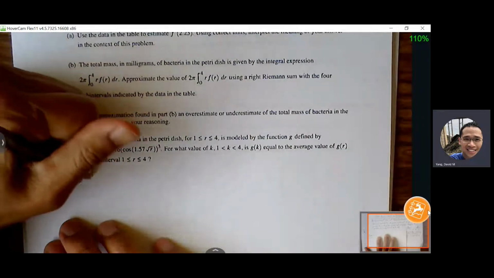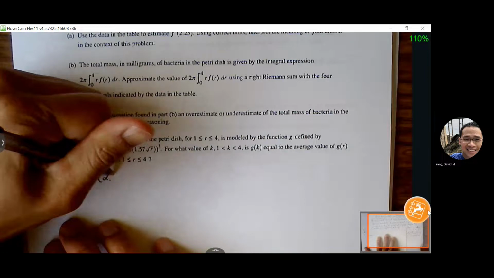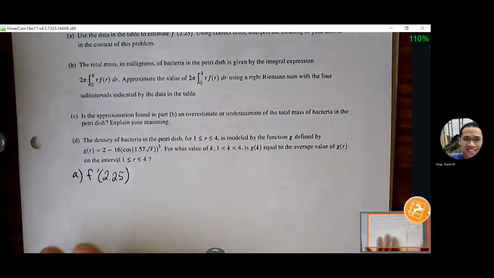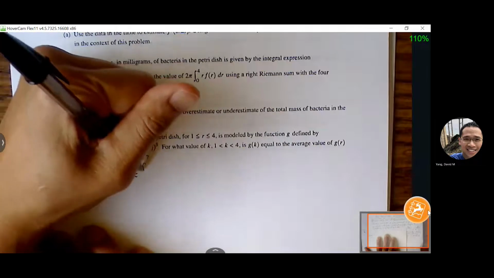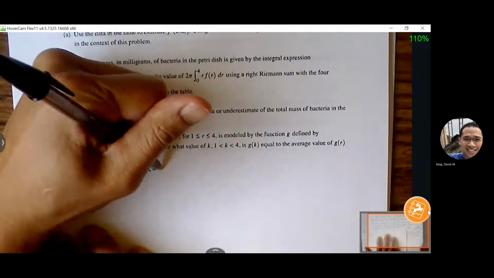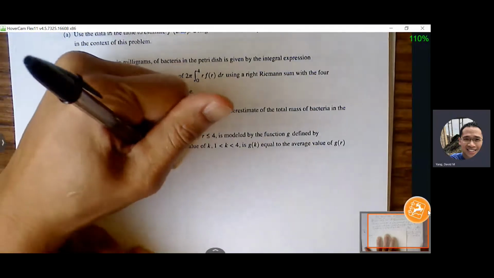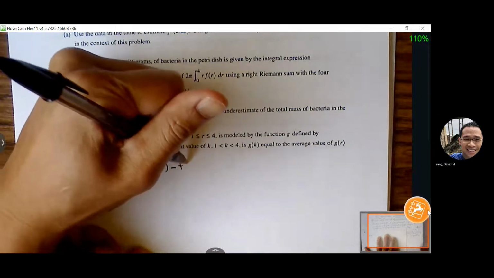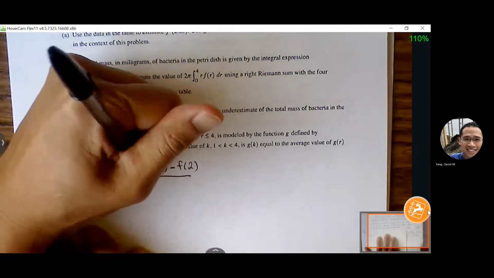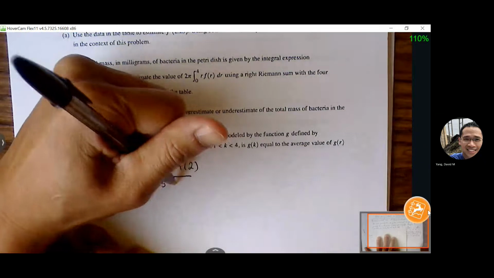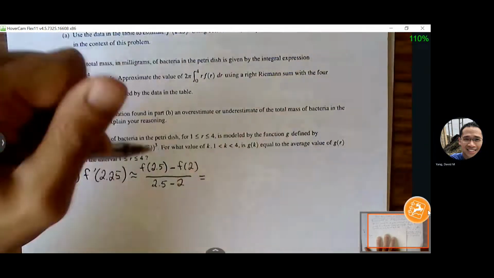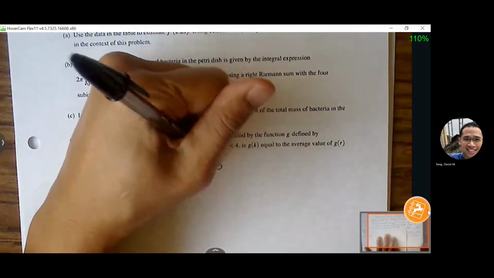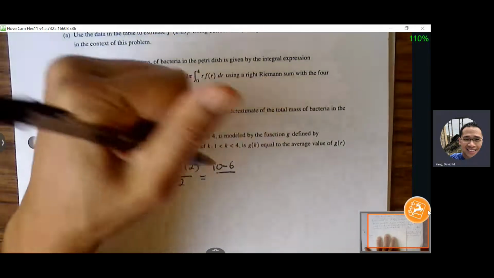So f prime of 2.25 is the change in f of r over the change in r. Okay, we've seen this enough to be familiar with it.